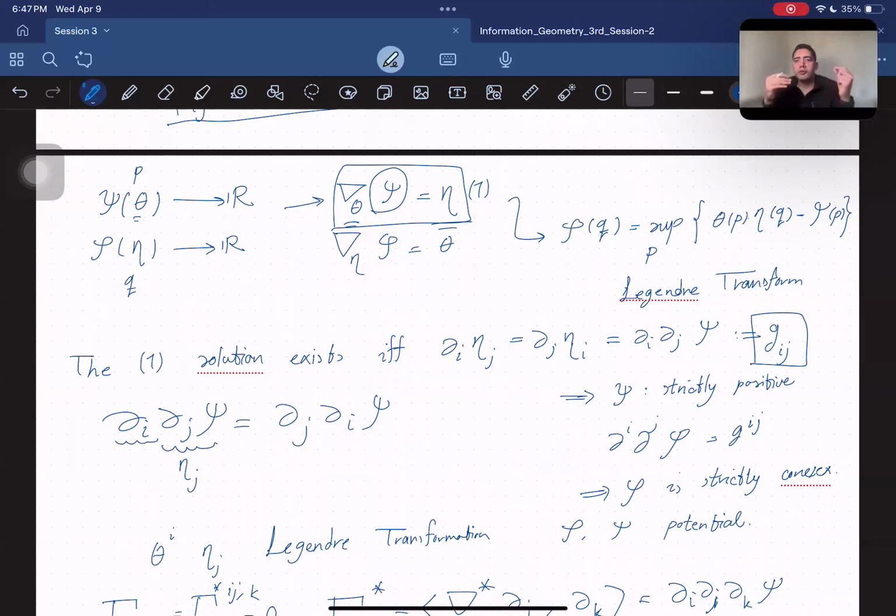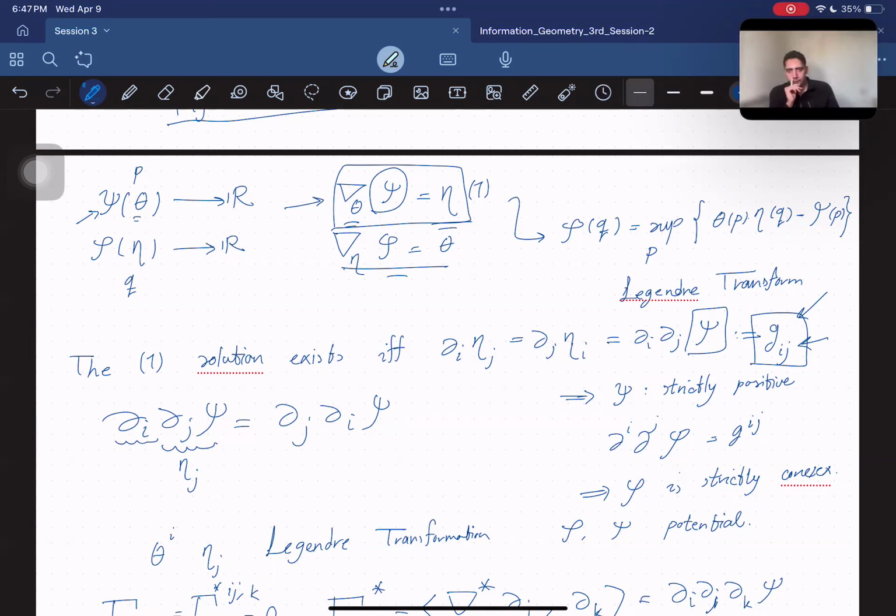At each point we want the second derivative of psi to be equal to the Riemannian Fisher information metric. Okay. And also, because the inner product was positive definite, it would make psi and also phi, which is the other way around, if I want to translate etas to theta, both positive definite, and it would make psi and phi convex.